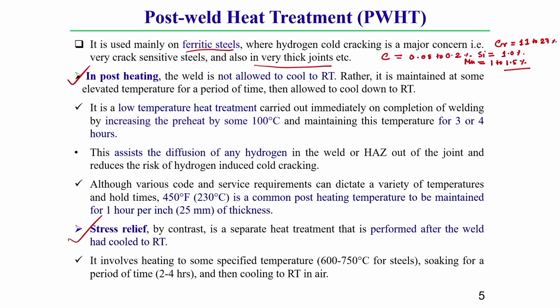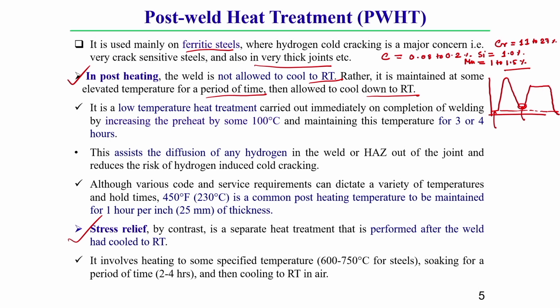In post heating, generally the weld is not allowed to cool to room temperature, you should keep this in mind. That means, after welding the weld is not allowed to cool to room temperature, rather it is maintained at some elevated temperature for a period of time, then allowed to cool down to room temperature. This post heating process is a post weld heat treatment process.